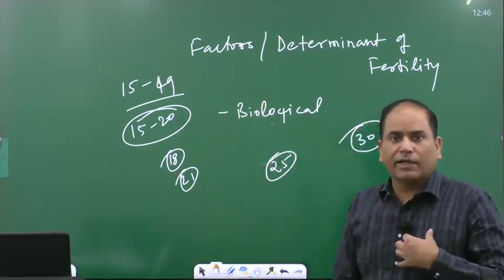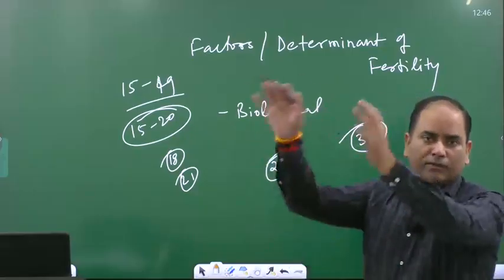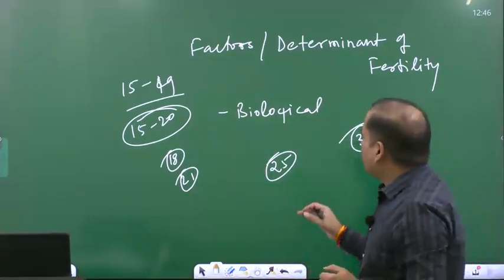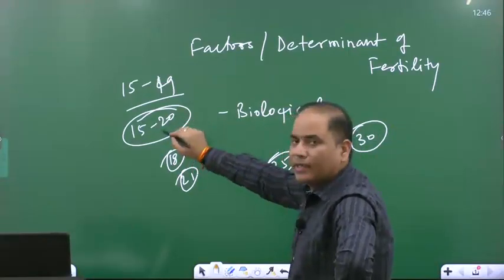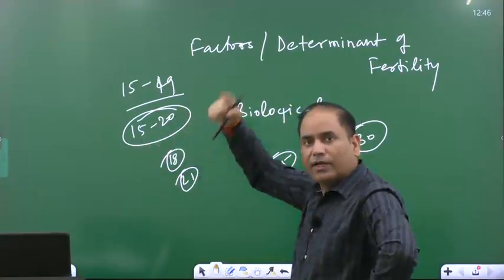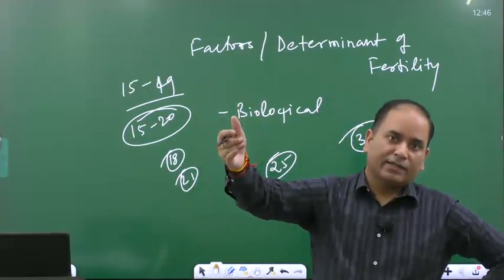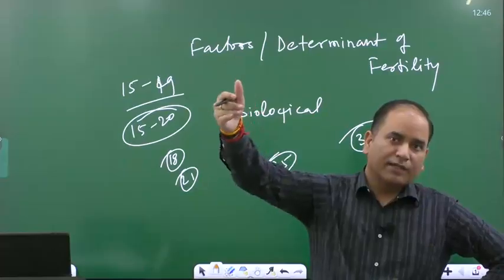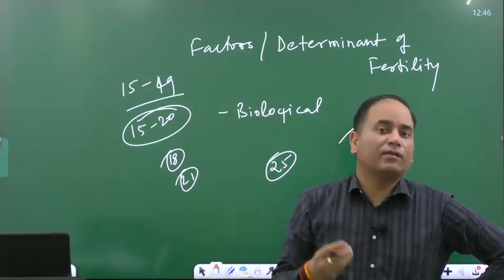In general, that girl or that boy has nothing to do with it. Simply, if they are marrying early, fertility will be higher. That is why in the early time period, just a few years back, when marriage was being done at an early age, the fertility was always higher.